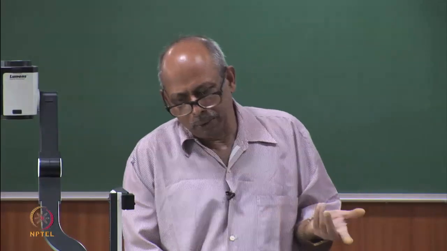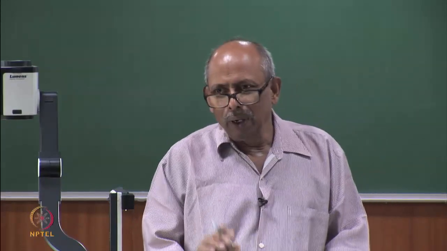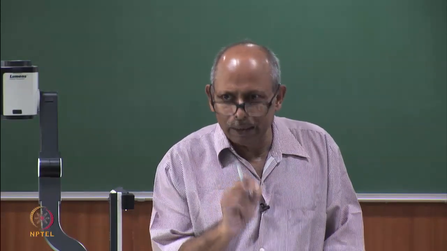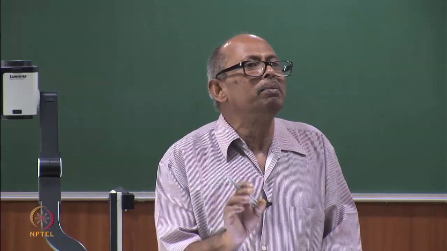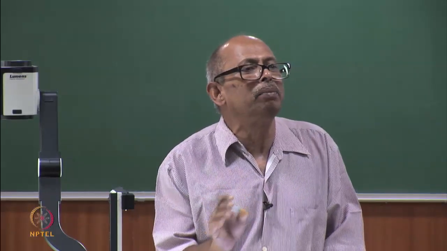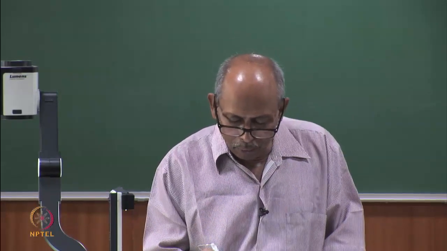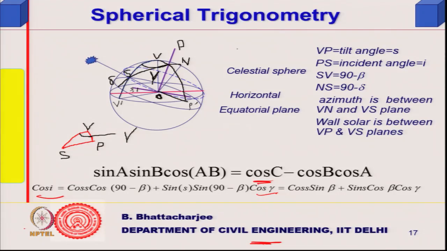So, from this you can find altitude and azimuth angle, and once you have found those, you can find wall solar azimuth angle, because from wall azimuth and solar azimuth you find wall solar azimuth. So, azimuth angle you have to find out to find this.